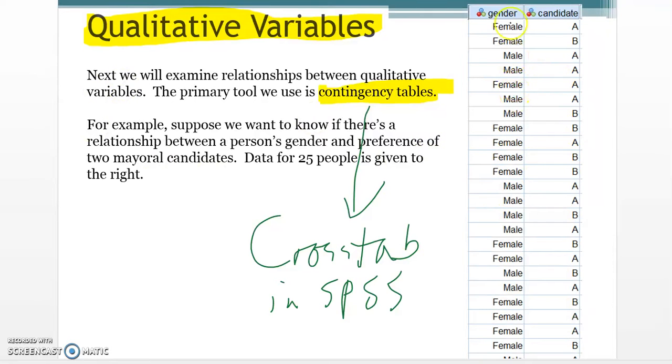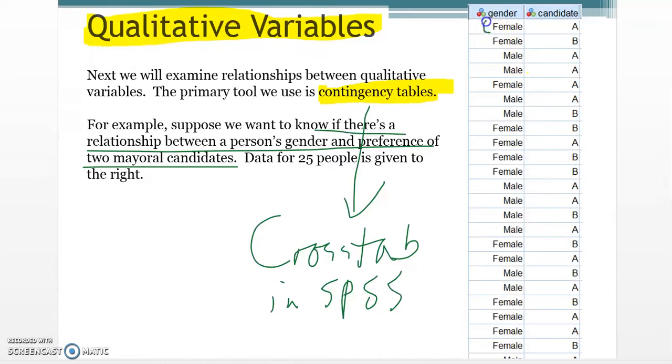Now, suppose we want to look at this data set. One variable is the gender, one is the candidate. We would like to explore if there's a relationship between a person's gender and the specific preference of the two candidates. So we have these data being given.